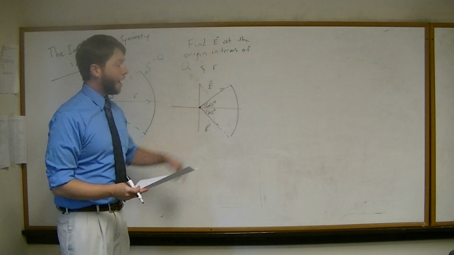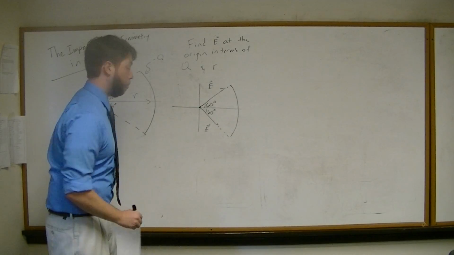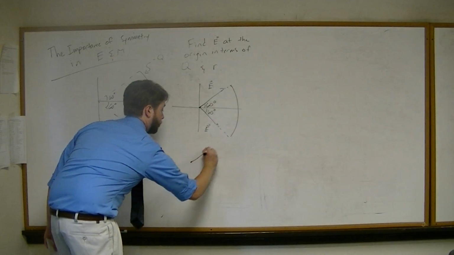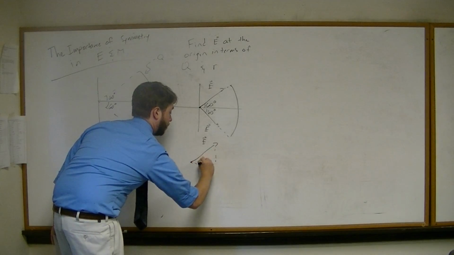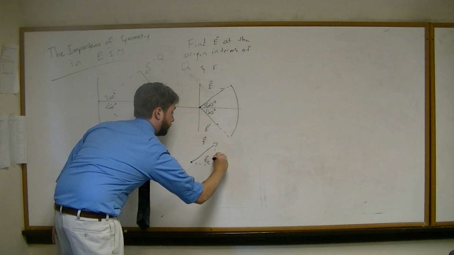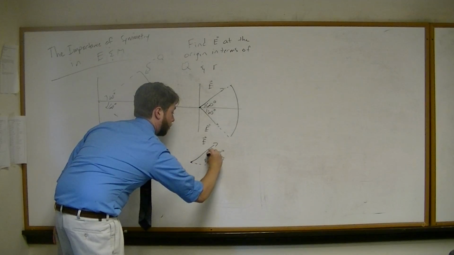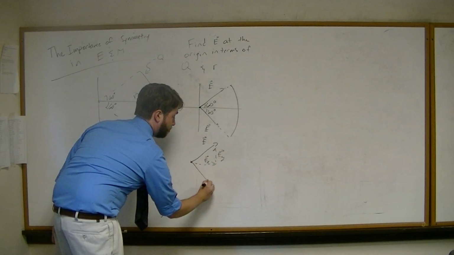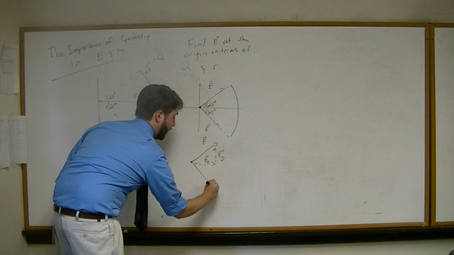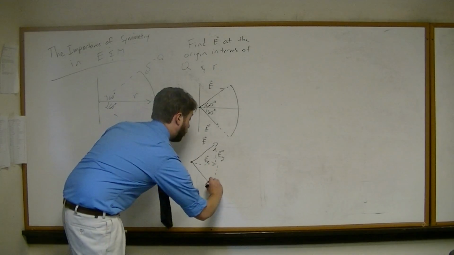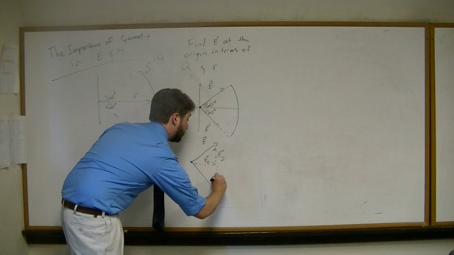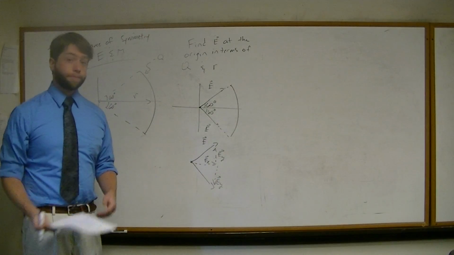This E has an X and a Y component. So right here we have E, we have an EX, and we have an EY. EX going to the right, EY going up. But now this bottom portion down here once again has the same thing. It has an EX in the same direction, only now EY is pointing down like that.